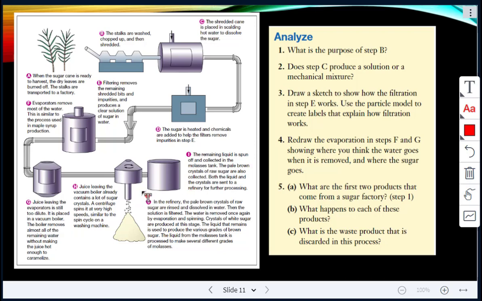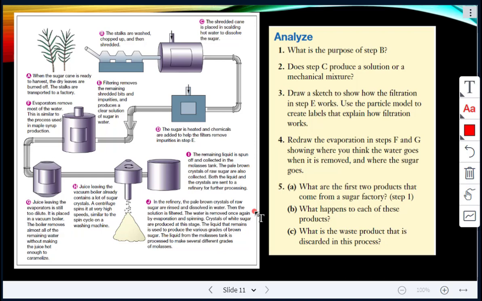And then in step J, in the refinery, the pale brown crystals of raw sugar are rinsed and dissolved in water. Then the solution gets filtered. The water is removed once again by evaporation and spinning. Then crystals of white sugar are produced at this stage.